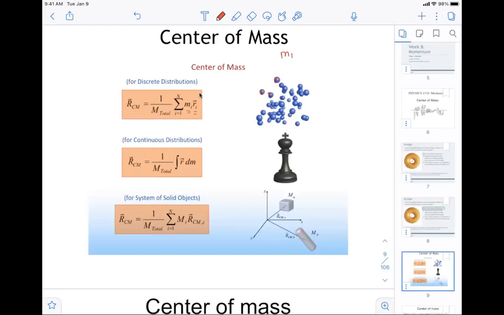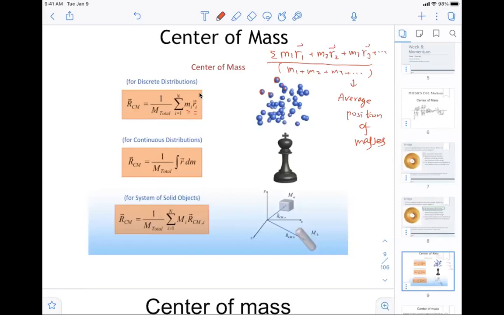Mass 1 has position 1, mass 2 has another position 2, mass 3 has another position 3, and so on. They all add up, and then you divide by the total mass of your entire collection of the little masses. This is simply from the definition of the average position of the masses. So this equation simply represents the average position of the masses.